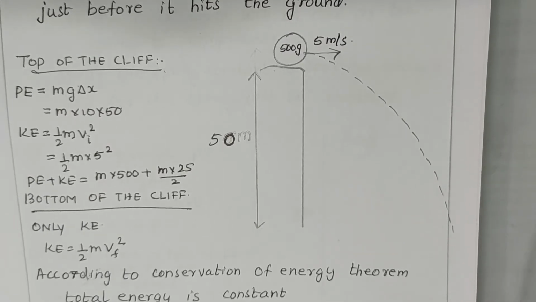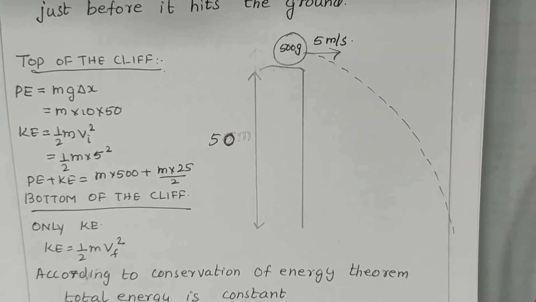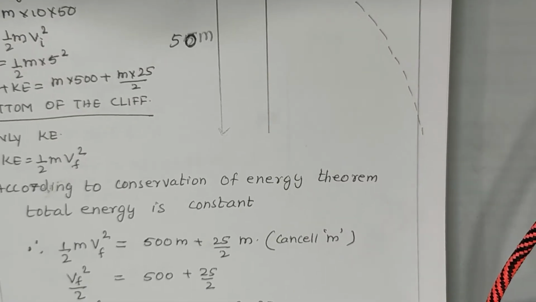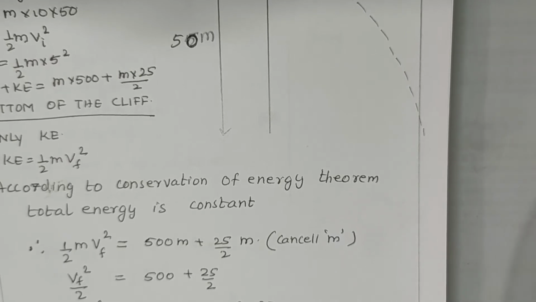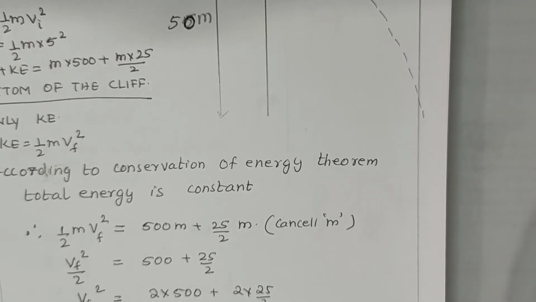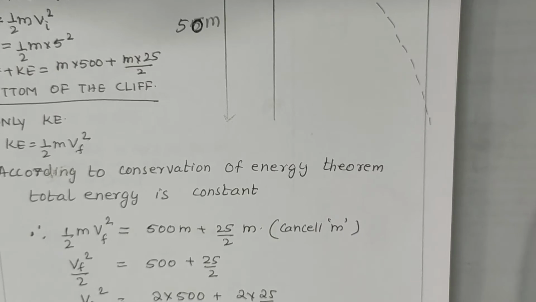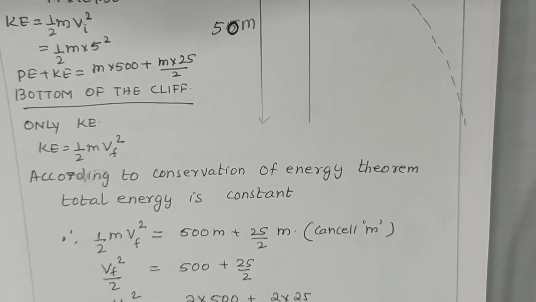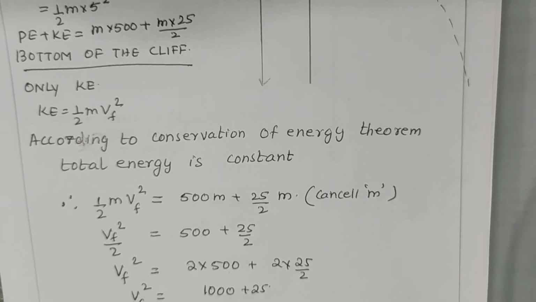Look at the bottom of the cliff. At the bottom of the cliff, the object has only kinetic energy. The potential energy is completely converted to kinetic energy, provided the energy is not lost in any other form. We assume that the energy is not lost in any other form.